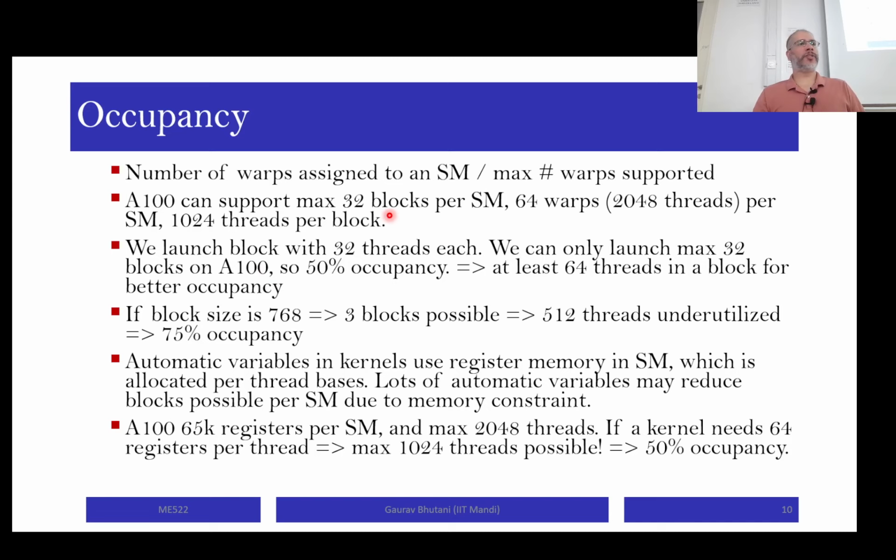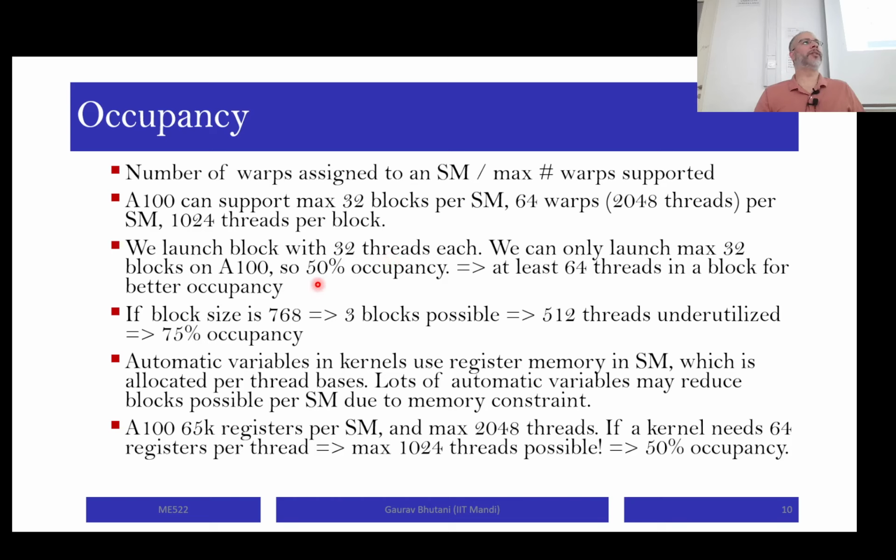But because of this constraint, we can only launch a maximum of 32 blocks on A100. So there is a constraint of 32 blocks per streaming multiprocessor. So we can only launch 32 blocks, and each block has 32 threads, as you decided for some reason.